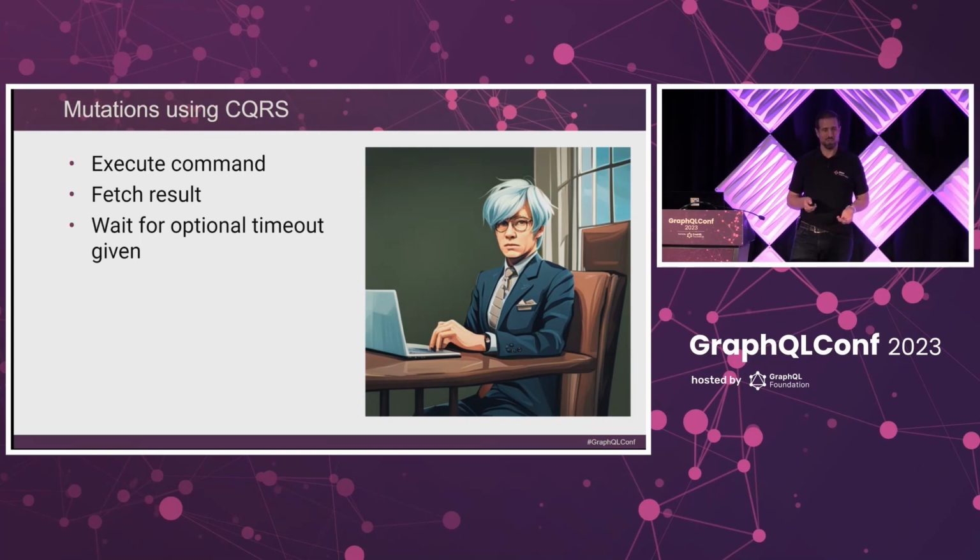So how do you do mutations using CQRS? You can execute the command, and like I said, you wait, and there's already a subscription running. When the Deno app starts, it will say to the Synapse instance with a webhook, if any of these events are being triggered, I want to get a webhook signal with the actual event.